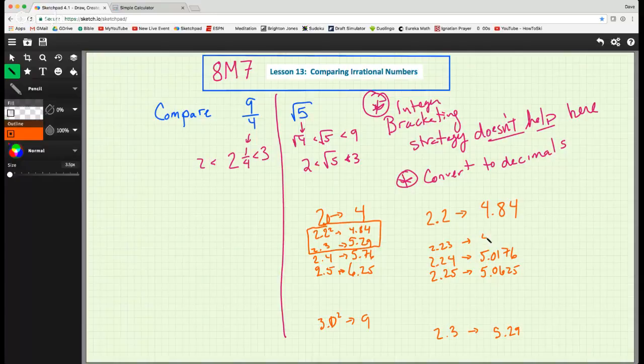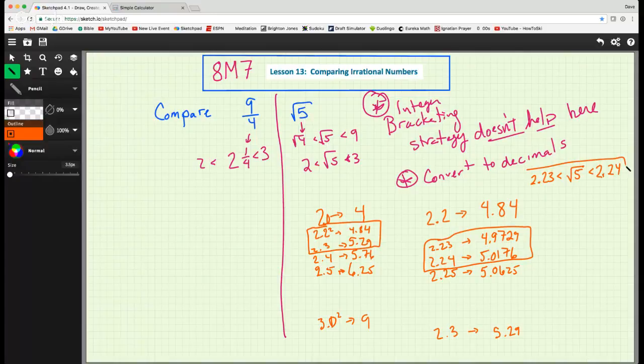Oh, 2.23 is 4.9729. So I know that the square root of 5 is between 2.23 and 2.24. So let's write that down: 2.23 is less than the square root of 5 is less than 2.24.